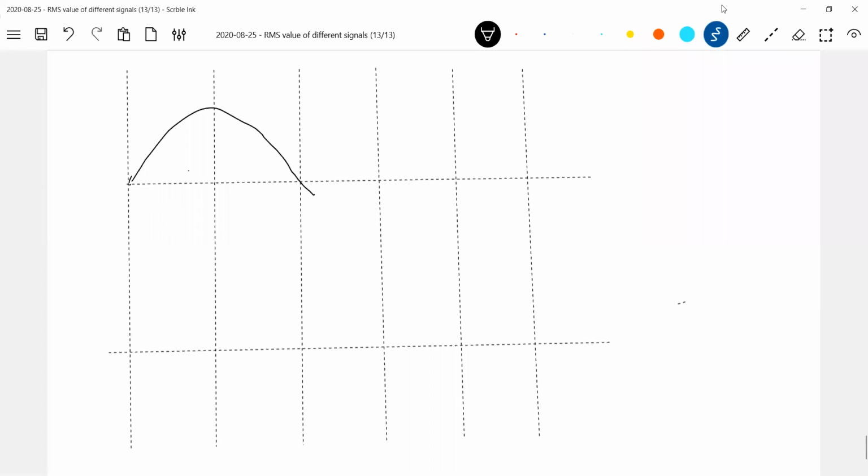this is the applied signal, will show for 1.5 cycles.